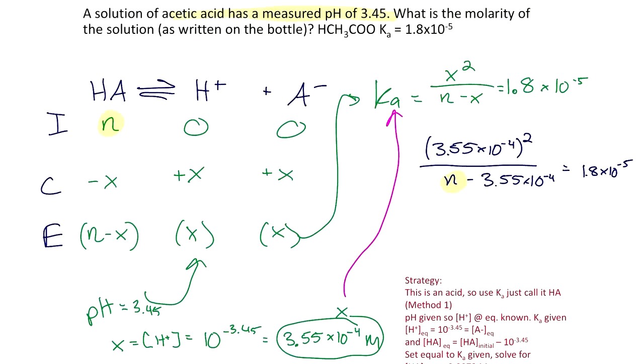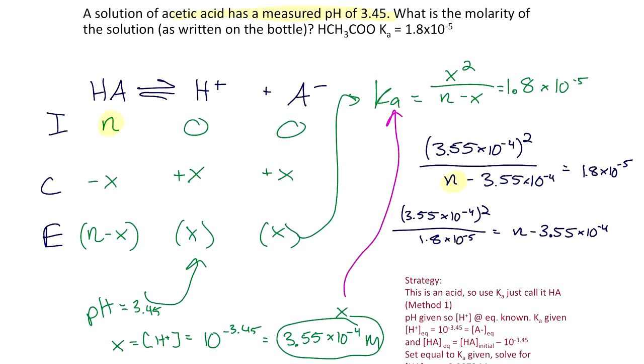So moving things around, we can rewrite this as 3.55 times 10 to the negative 4 squared over 1.8 times 10 to the negative 5 equals N minus 3.55 times 10 to the negative 4. I'm just putting the denominator on the other side so I can isolate N. Okay, so let's solve this. 3.55 e negative 4 squared over 1.8 e negative 5.